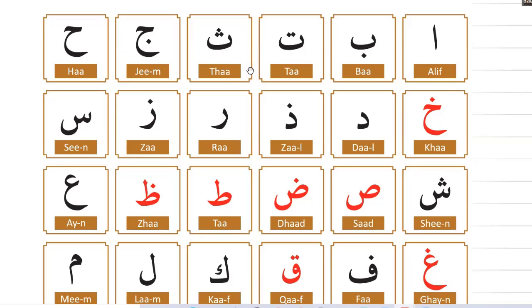Now the next letter is seen. How will you recognize this letter? You can say that it is a W with a hook at the end. So you can identify this letter, seen. How will you pronounce it?